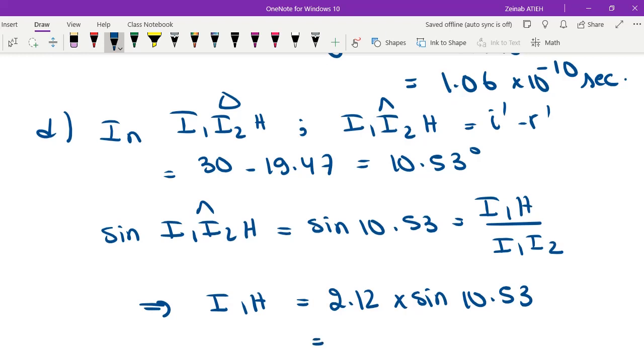Use your calculators. I put the distance in centimeters, so the answer is 0.38 centimeter, and this is the end of application 2.